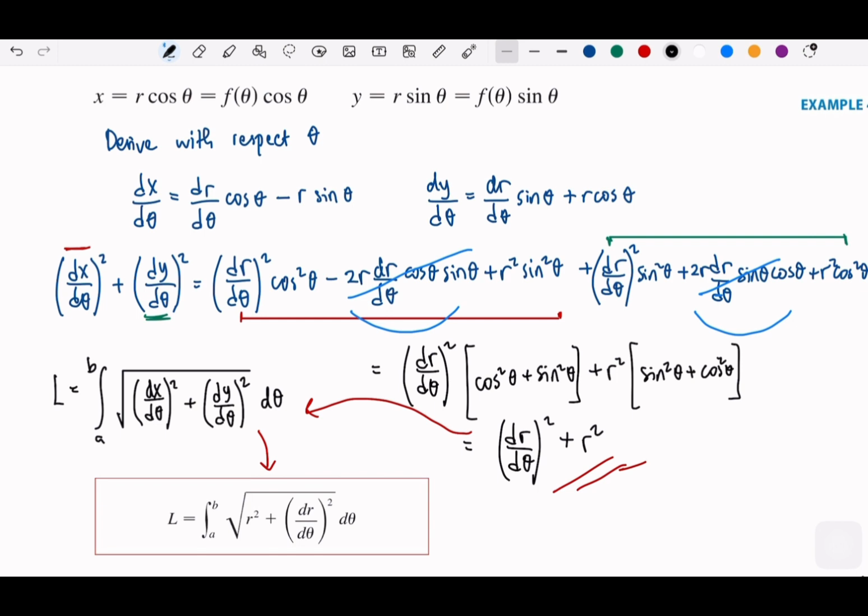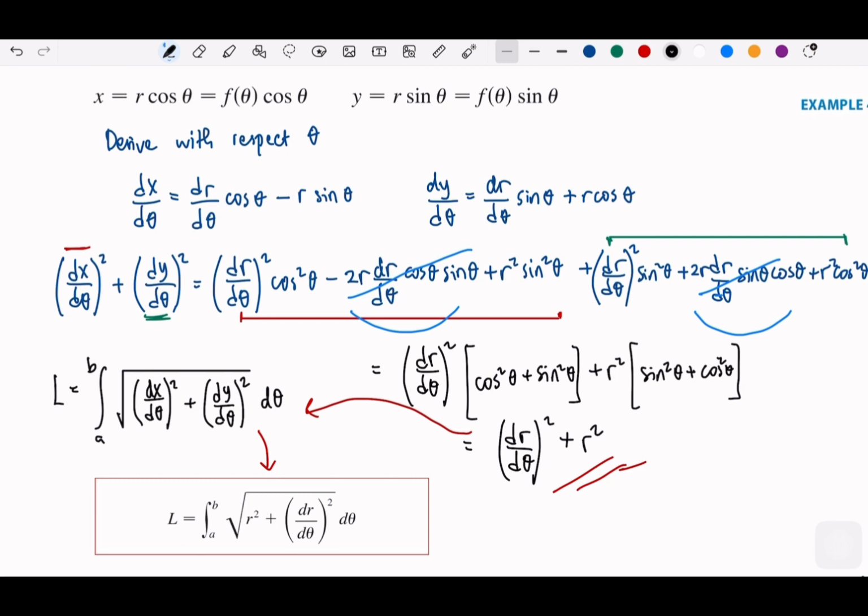So this is for polar curves. You are usually given r equals something, or you need to find what the polar formula is. Usually it's r equals something in terms of theta. It's going to be given. How can I find it?